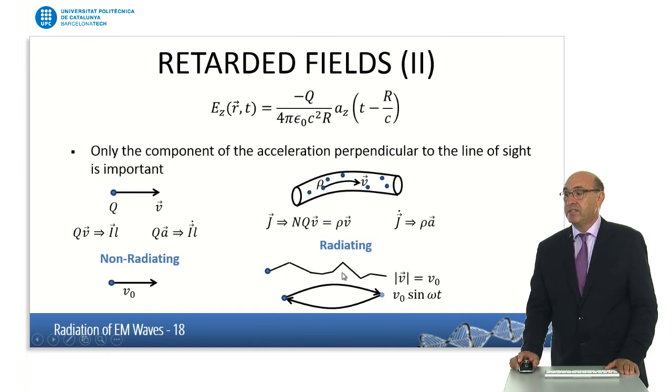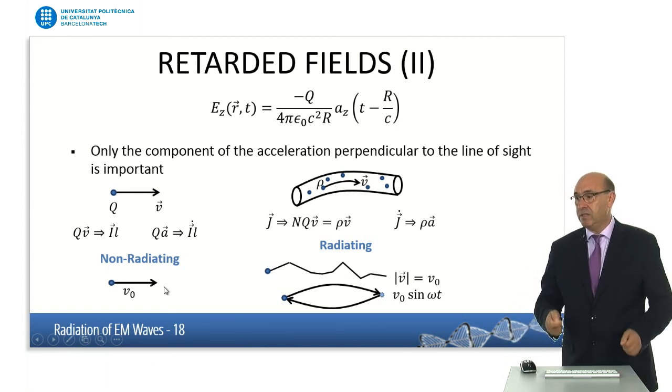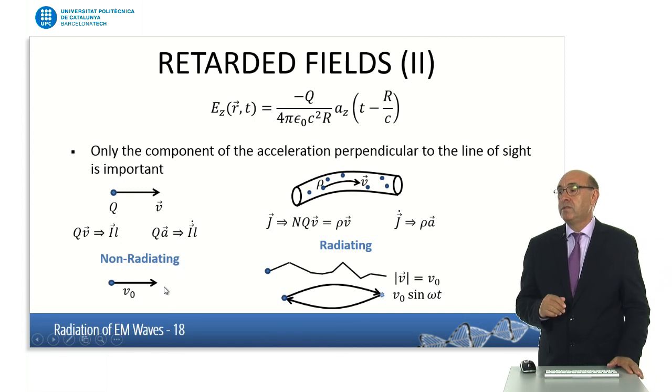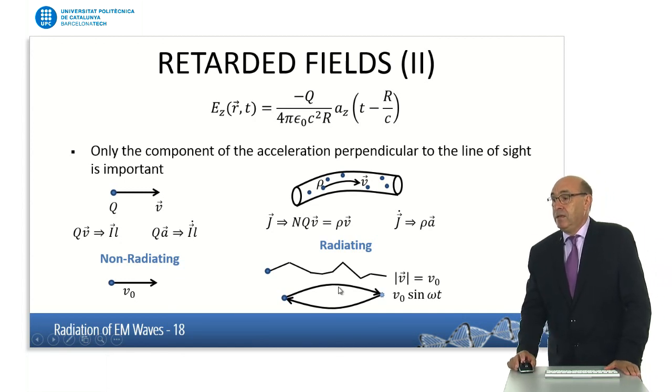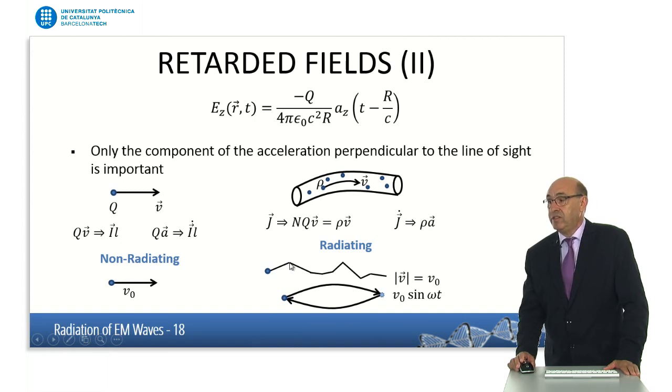Here you have one example. Now, assume a charge is moving along this path with constant velocity, maybe like a car driving along a road at a constant speed. Along this path, when the charge moves along the segment, there's no acceleration, so there's no radiation. When the charge reaches this point and bends, there's a strong acceleration.